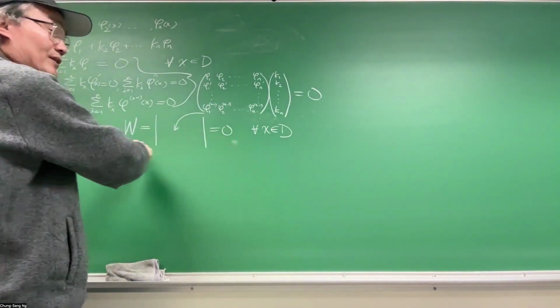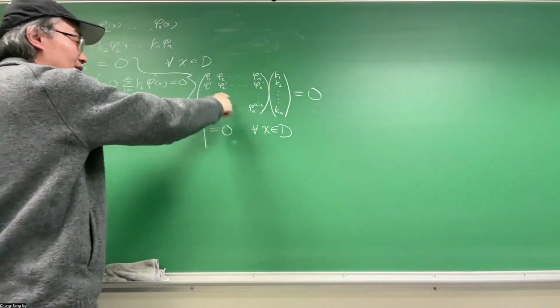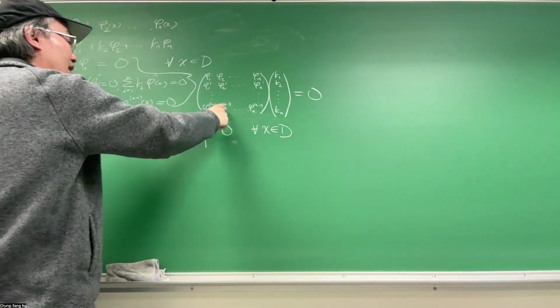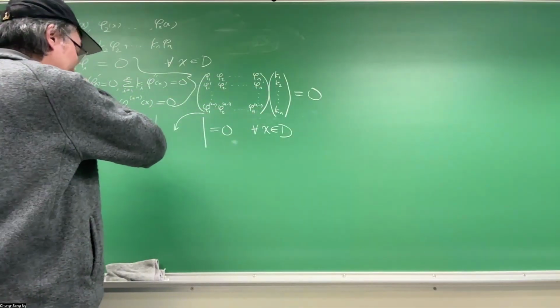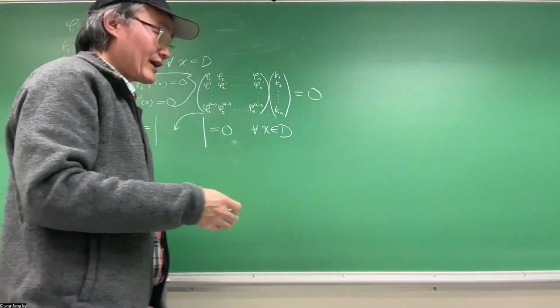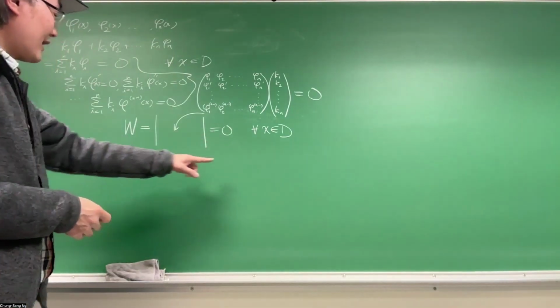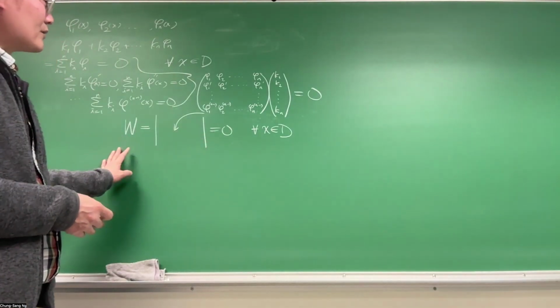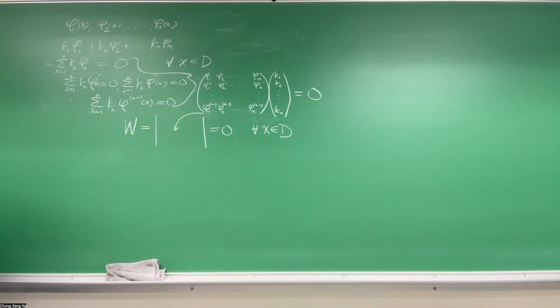Sometimes it can accidentally be 0, but that is not enough to solve for k, because that only exists for one or some particular x. So if the Wronskian is generally non-zero, and sometimes accidentally 0 at certain isolated points, it's still linearly independent. Okay, so that's the condition.